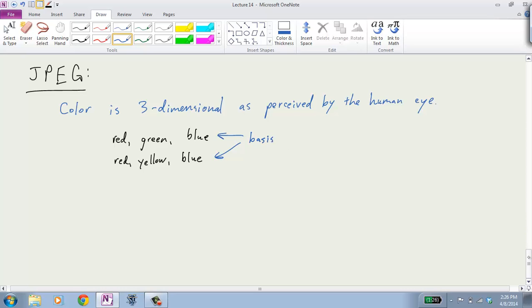Okay, there's another representation that would be this. People represent it with these letters, and this is what JPEG does, where Y is the intensity, and CB and CR represent how much the intensity is pushed towards red or blue.